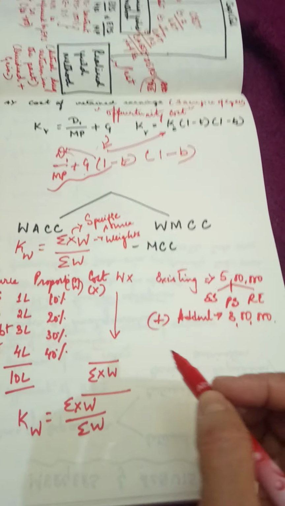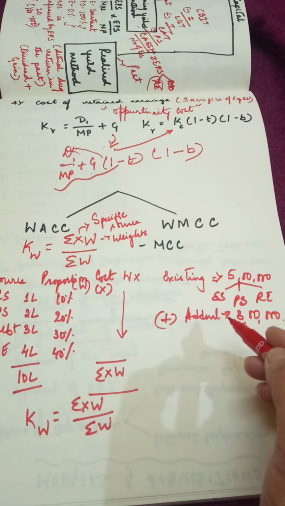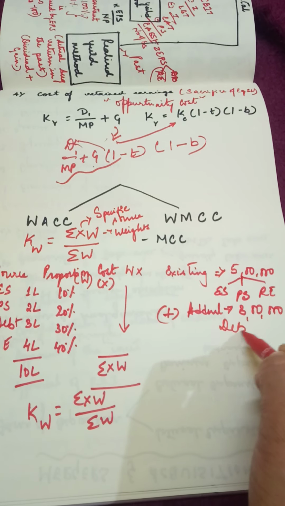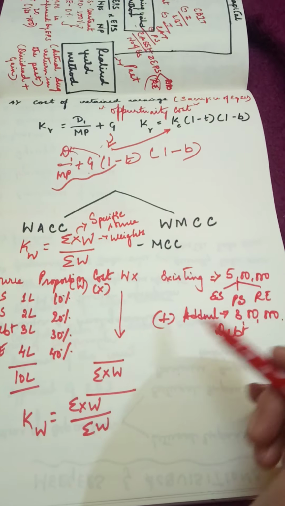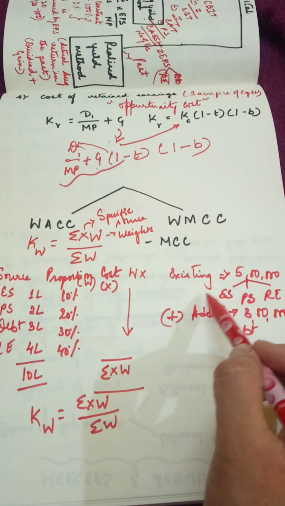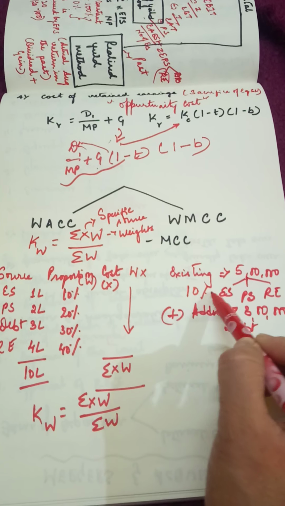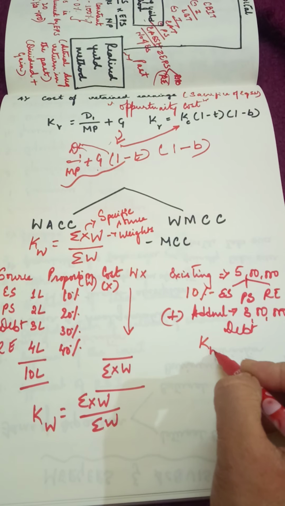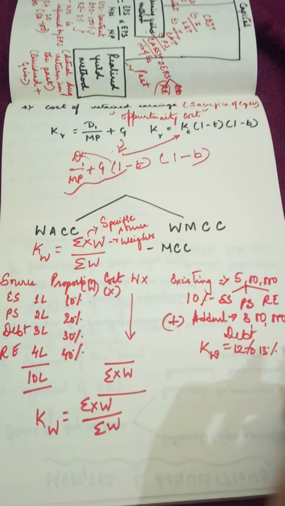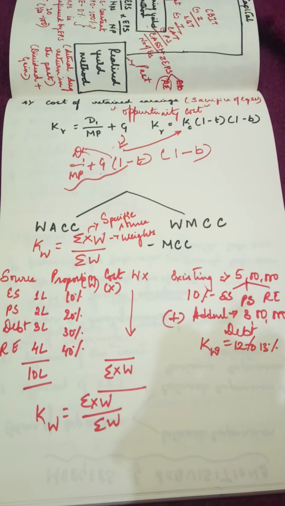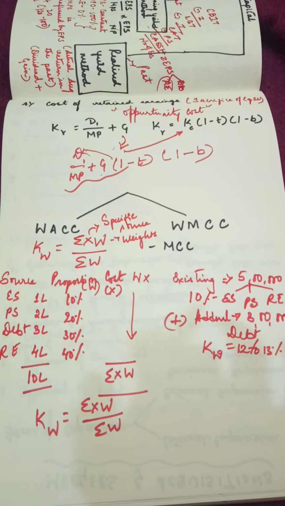When you raise this from additional funds, maybe you are using debt, this is the assumption, then your overall cost will definitely change. Your KW before, if it was 10%, maybe now your KW will be around 12 to 13%. This is the assumption. I have not done any calculation, just for the example I am showing you.